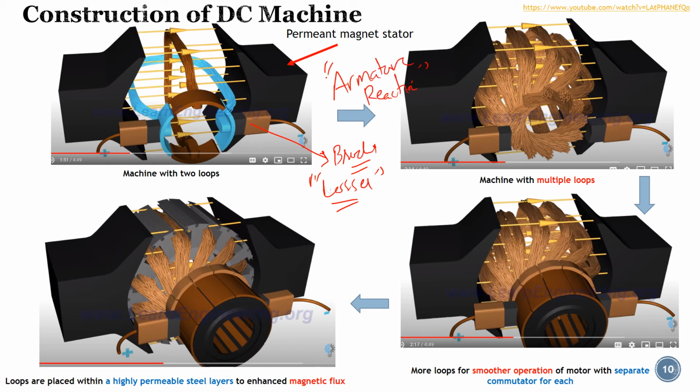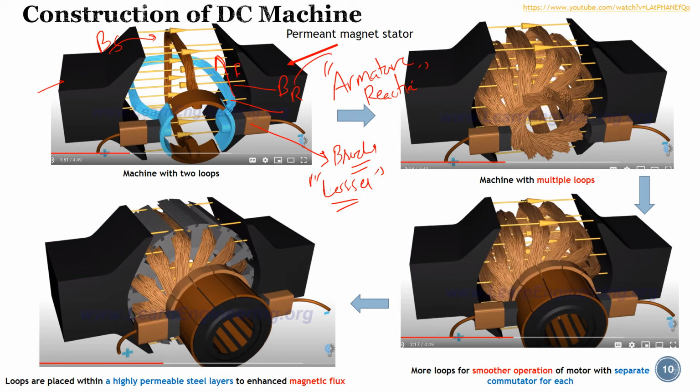What is armature reaction? For example, we have the stationary magnetic field due to this permanent magnet, and when current flows through this armature coil, there will be a rotor or armature magnetic field. So you have one stator magnetic field and one rotor magnetic field, and these two interact.